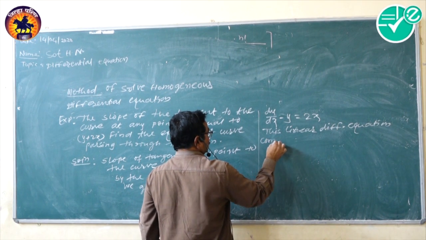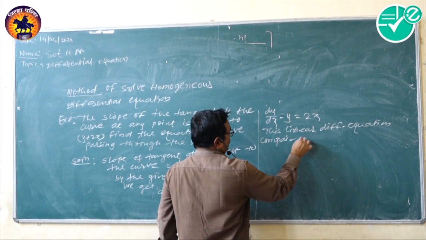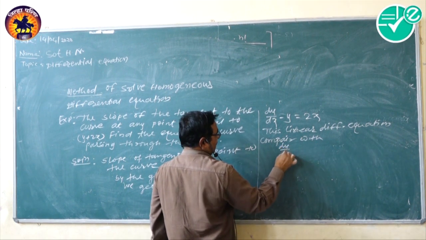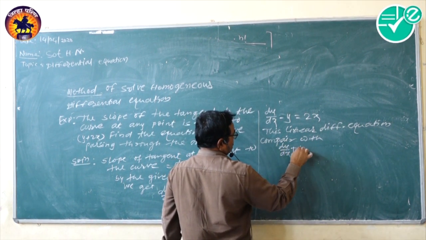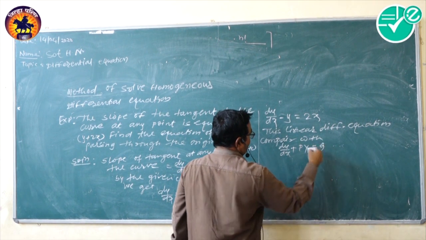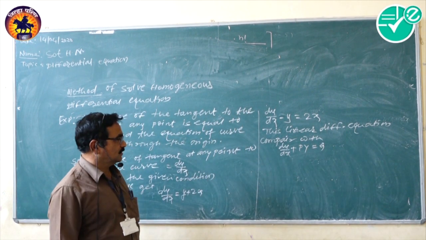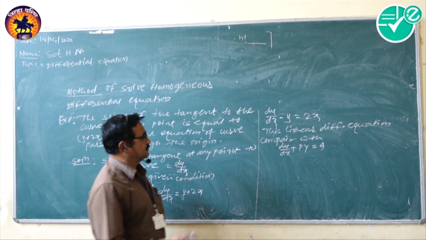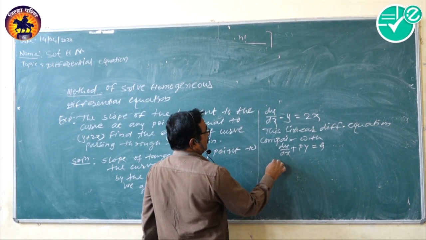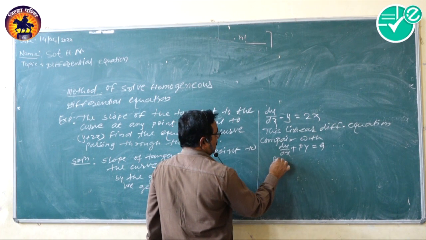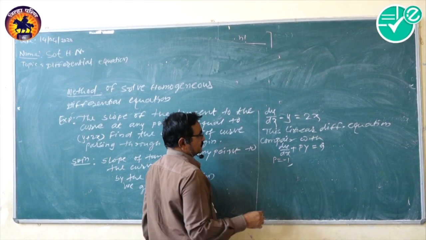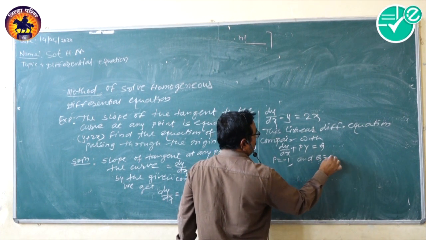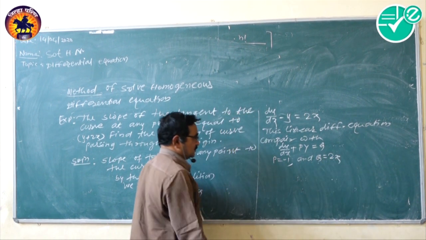Compare with dy by dx plus py equal to q. After comparing these two equations, we get p equal to -1 and q equal to 2x.